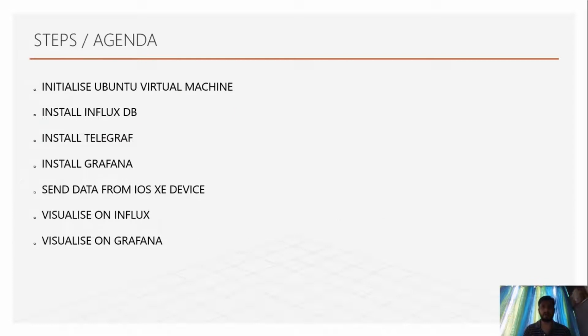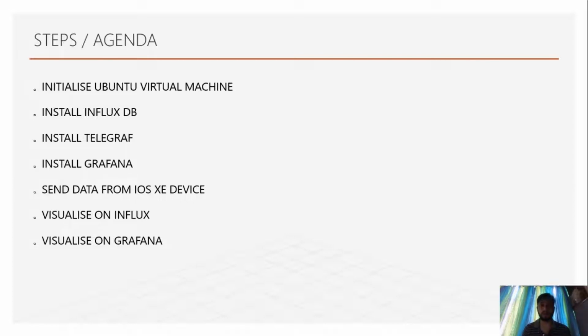So what are the steps involved in initializing the entire TIG stack? First, we're going to get a nice and clean Ubuntu virtual machine. For this demo, I'm going to initialize that machine in Oracle Cloud Infrastructure. Then we're going to install InfluxDB onto the virtual machine, and focus our efforts on installing Telegraf, which is the receiver for this stack.